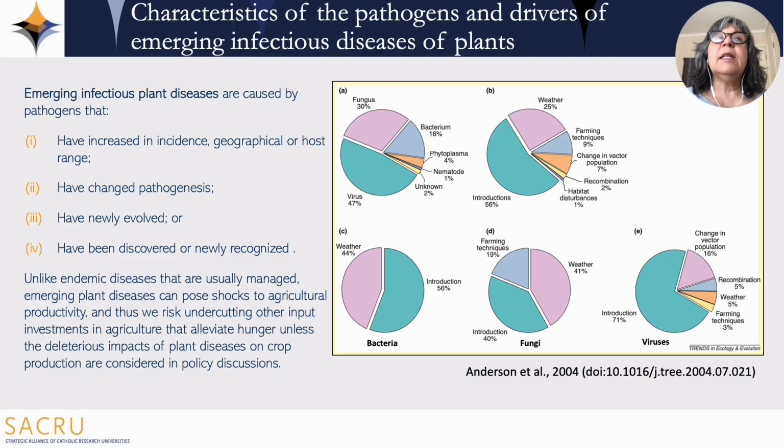So we can see here, therefore, that viruses are the main causal agents of these emerging infectious diseases, and that introductions and also alteration or modification of weather conditions along with different farming techniques are the principal drivers of the emergence of this type of pathogens.